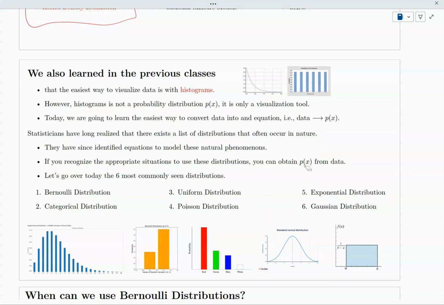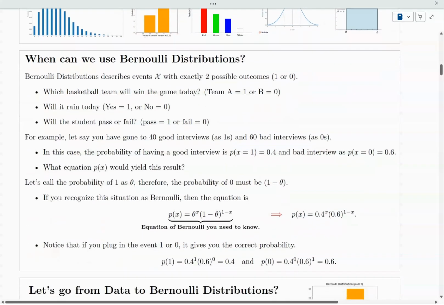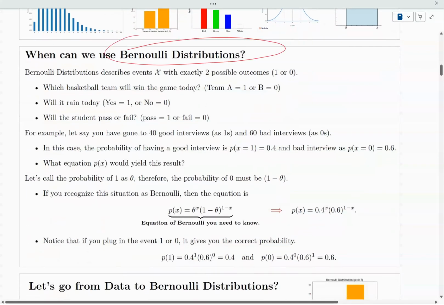There are a lot of distributions, but we're going to learn six of the easiest, most commonly seen ones: Bernoulli, categorical, uniform, Poisson, exponential, and Gaussian. All right, so let's start with the very first one, the Bernoulli distribution.